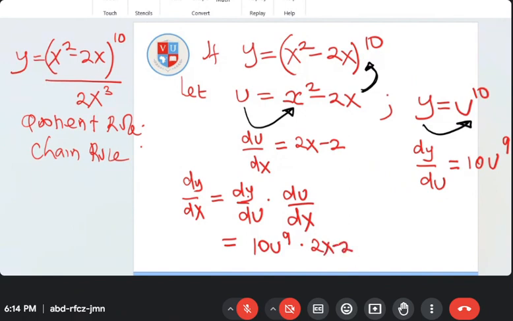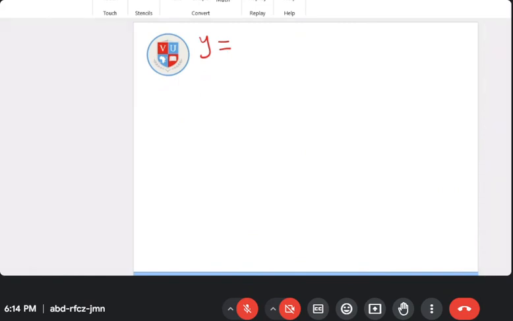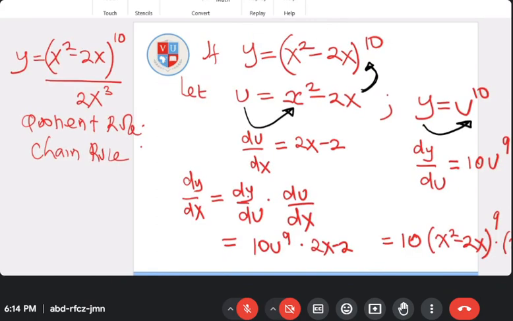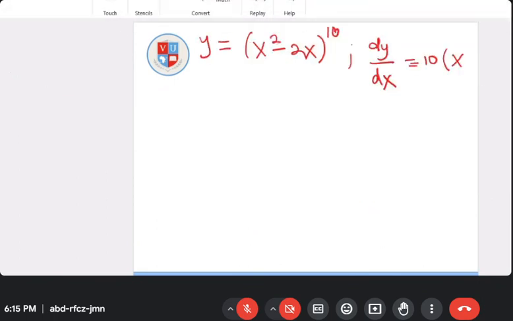Eventually, when we substitute for u, we shall get 10 in brackets (x squared minus 2x) to the power 9 times bracket 2x minus 2. y had been (x squared minus 2x) raised to the power of 10, and after doing this we get dy/dx equal to 10(x squared minus 2x) to the power 9 times (2x minus 2). That is the answer we have got.